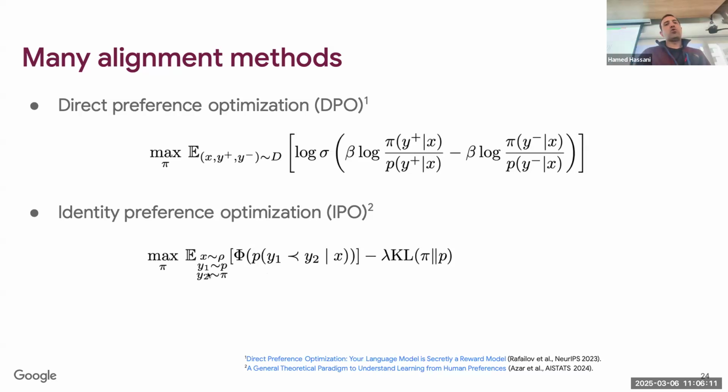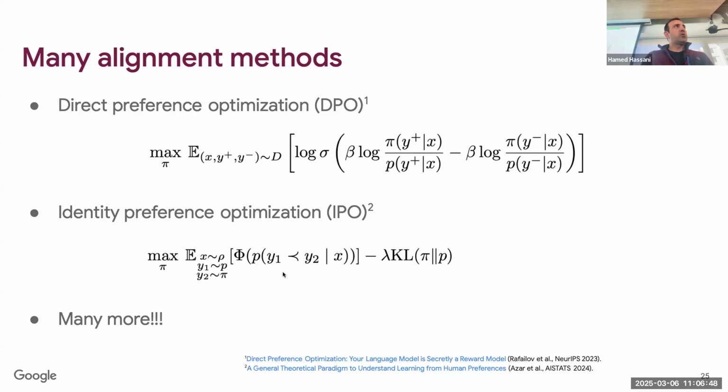So I'm going to define the objective function to be some function of the probability that y2 wins against y1, where y2 is coming from the new model, and y1 is a draw from the base model, subject to the same KL divergence. Because the reward can be of any scale, the raw value of the reward may not mean anything physically. Now, this is making the objective more interpretable.